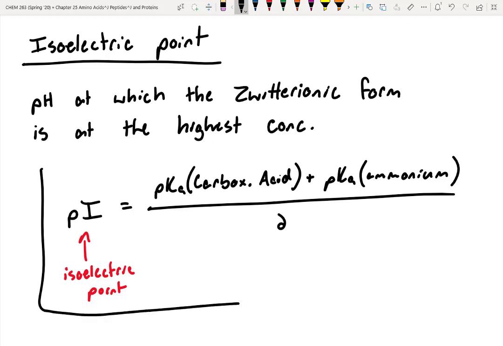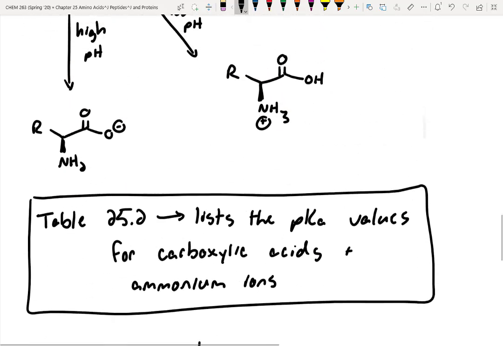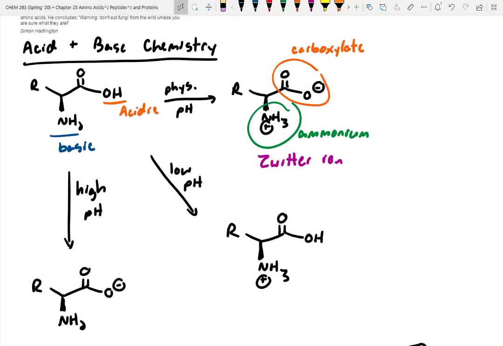This will essentially give you the pH for your isoelectric point, which is also just referred to as pI. The useful thing with doing this is, like I said up here, each of these has very different physical properties.